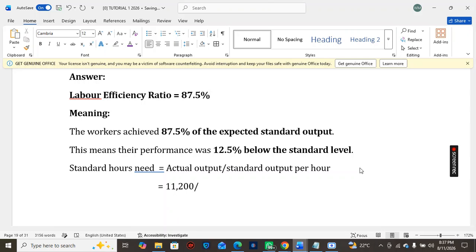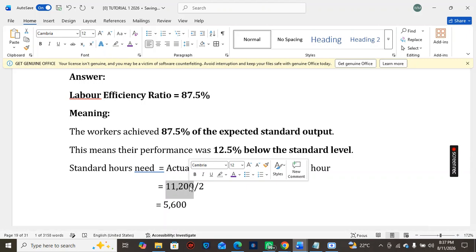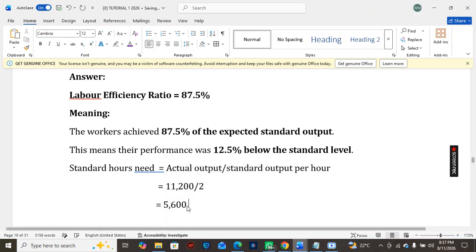Divide. Okay, so basically, to produce these 11,200 units, the standard hours, the number of hours they needed to take, was 5,600 hours. This is how we interpret it here.